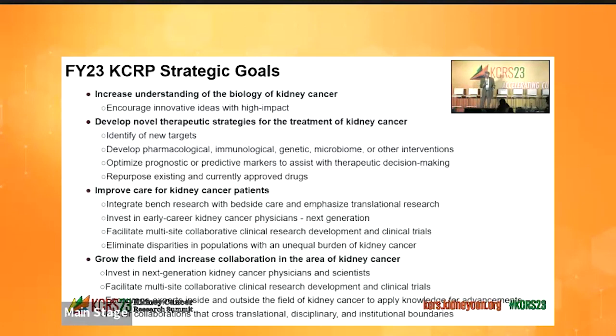So again, grow the field and increase collaboration in the area of kidney cancer. So we want to invest in new people coming into the field, grow the field. And so those applications are very important and highly encouraged.